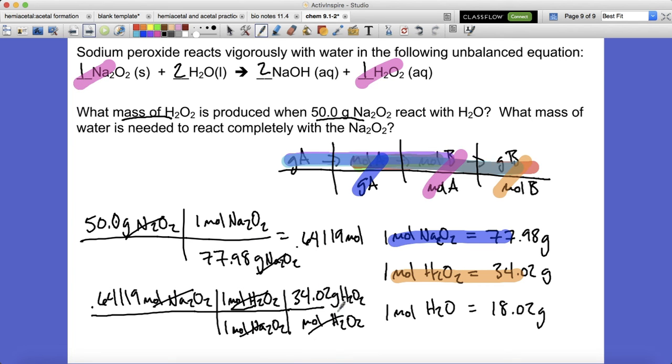I should be able to get an answer of grams for that hydrogen peroxide. So 0.64119 times 34.02 on my calculator gives me an answer of 21.81. And again, I only need 3 sig figs, so I'm actually going to make that 21.8 grams of hydrogen peroxide.